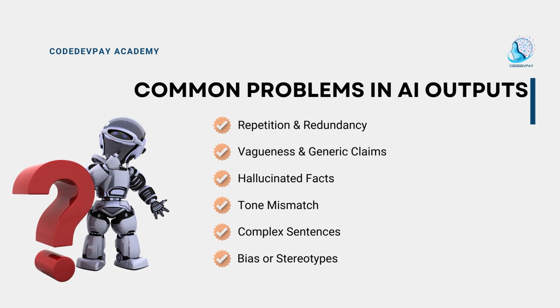Now let's look at some common problems in AI outputs. What are some common problems in AI outputs which create the need for humans to edit such outputs? So the first one is repetition and redundancy.